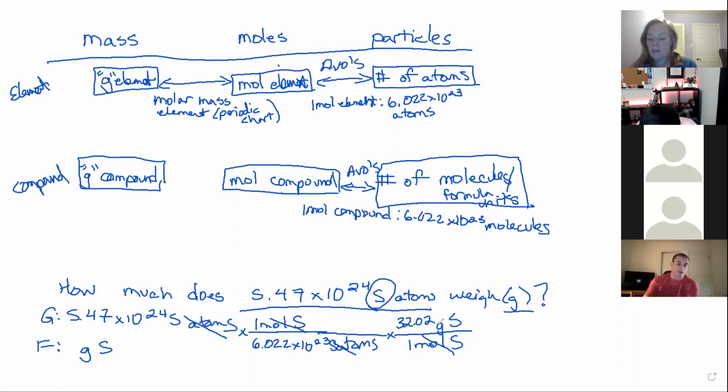So in the end, we're going to take our large number of atoms, which actually isn't that large, 5.47 times 10 to the 24th. We need to divide it by Avogadro's number.